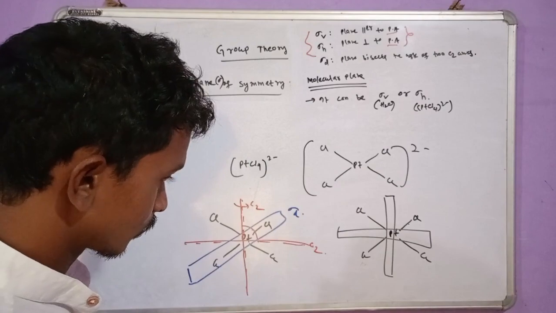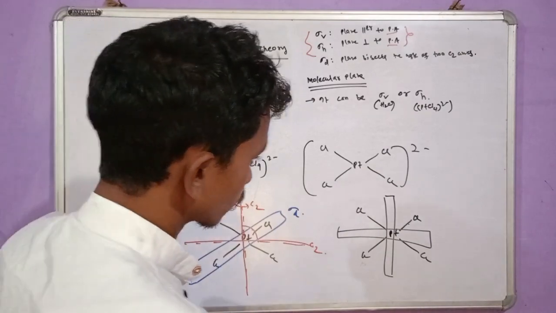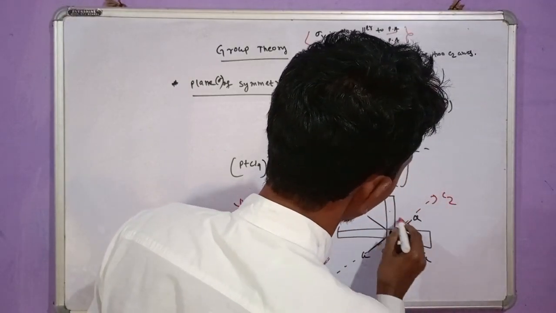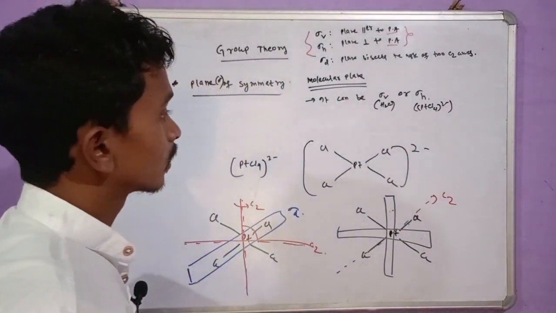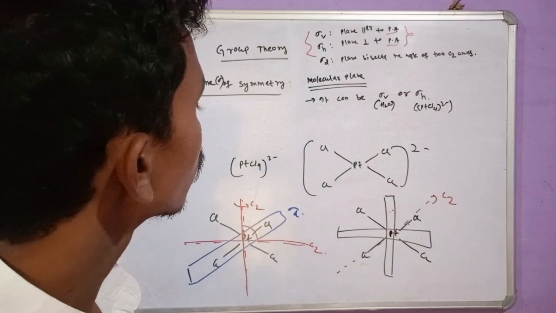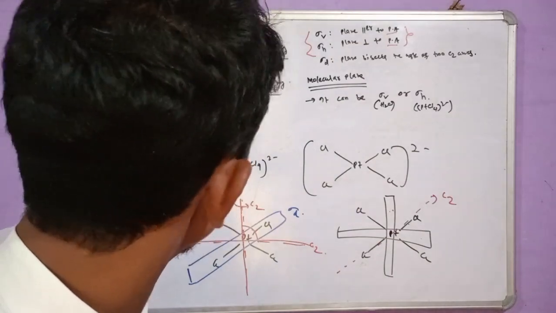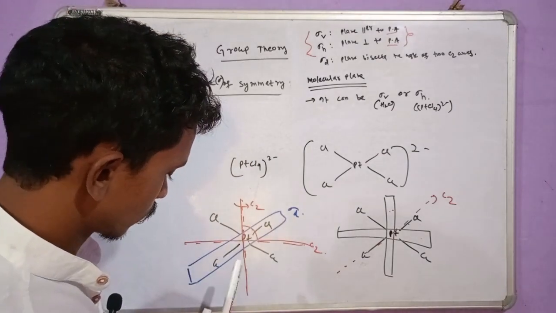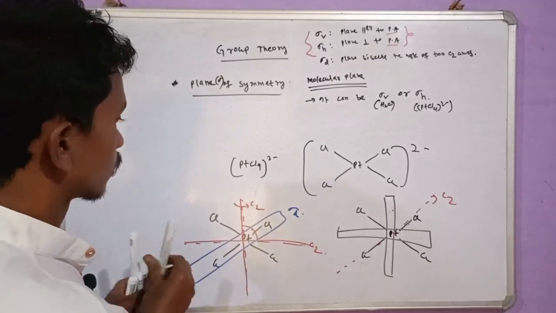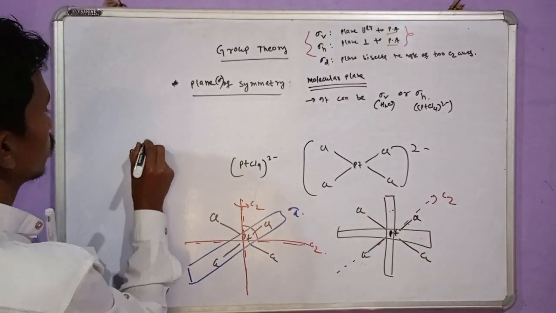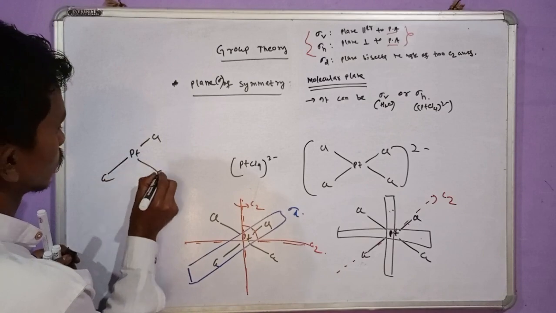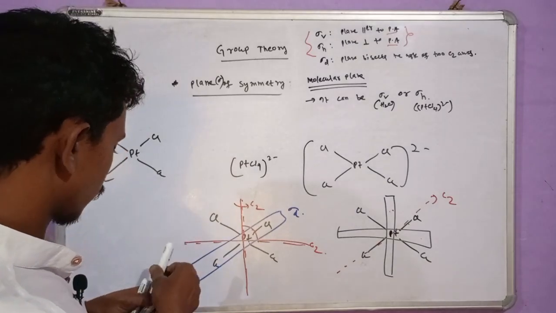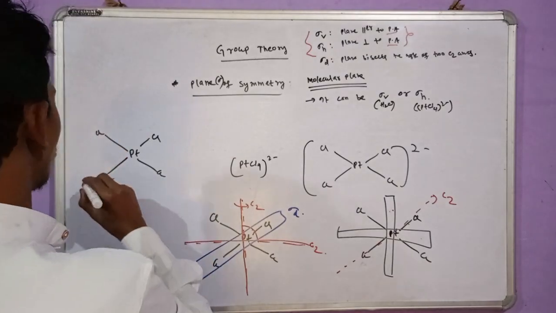Then, with respect to this C2 axis, this set of planes are dihedral planes. Or you can say, for PtCl4, I pass one plane here.